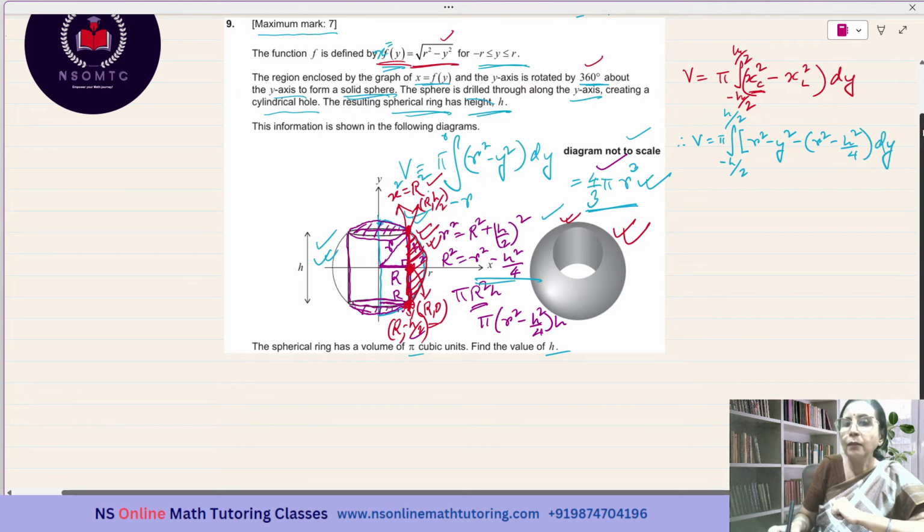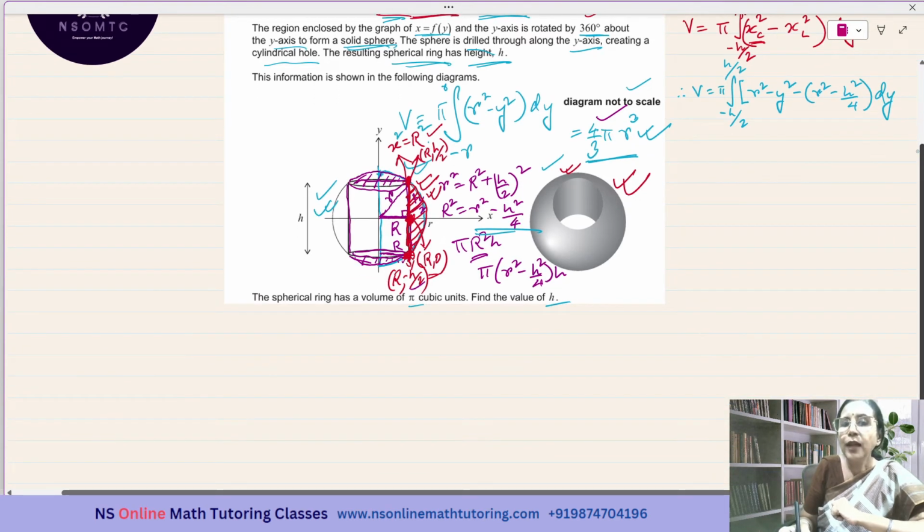dy. Okay, so that is equal to pi integral of r square minus y square and minus R square plus H square over 4. This should end over here. Okay, dy.